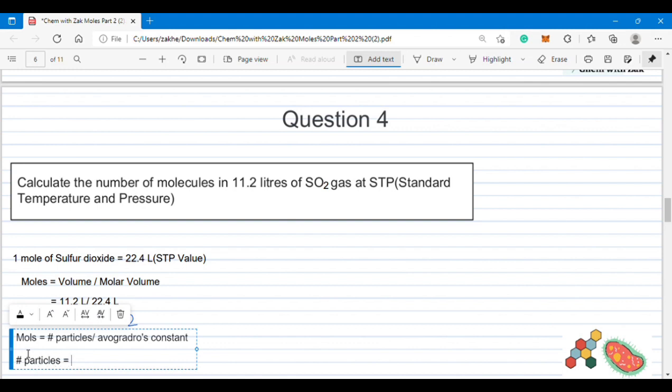Now, of course, we know that we're going to put the number of particles as the subject of the formula, which is moles, which is 0.5 moles of sulfur dioxide times 6.022 times 10 to the 23 particles, which should give you a value of 3.011 times 10 to the 23 molecules present in 11.2 liters of sulfur dioxide.